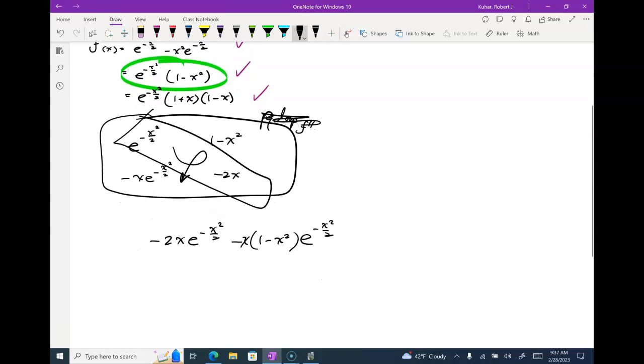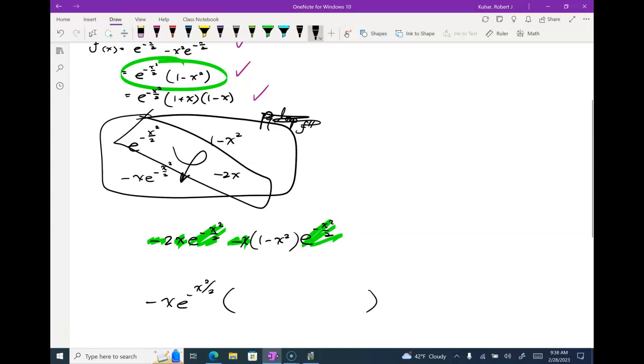And so I see I can factor out a negative x e to the minus x squared over 2. Agreed? I see I have a negative in both, an x in both, and an e to the minus x squared over 2 in both. I can factor that out.